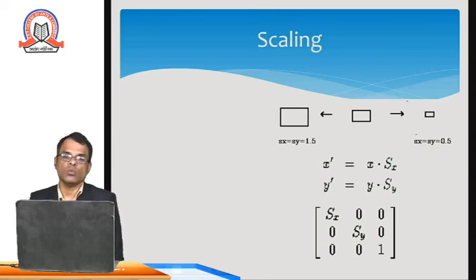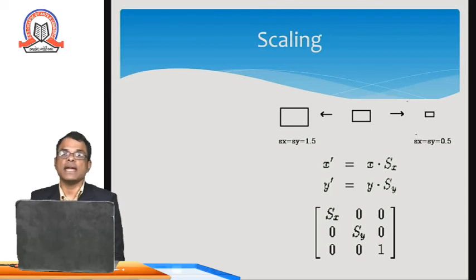Now my new coordinate x dash is equal to x into Sx and y dash is equal to y into Sy.